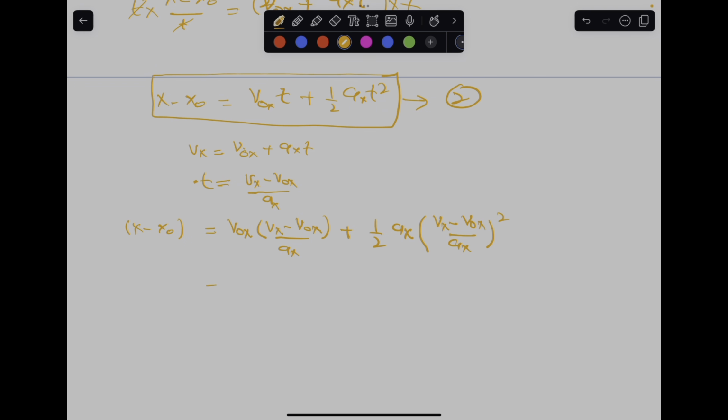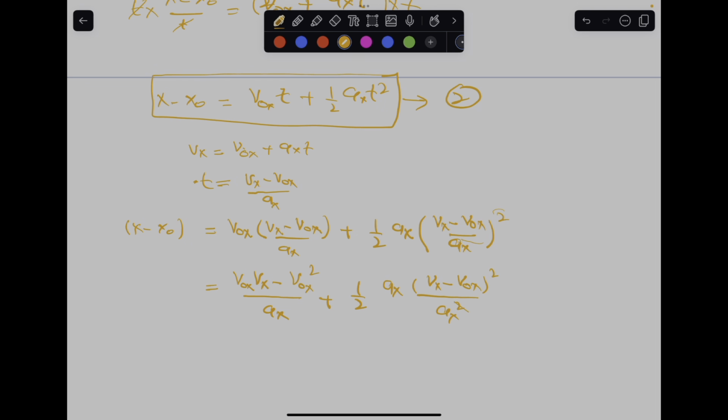So we multiply this, we get V naught of x Vx, this V naught of x becomes V naught of x squared over ax, plus 1/2 ax, Vx minus V naught of x whole squared over ax squared.